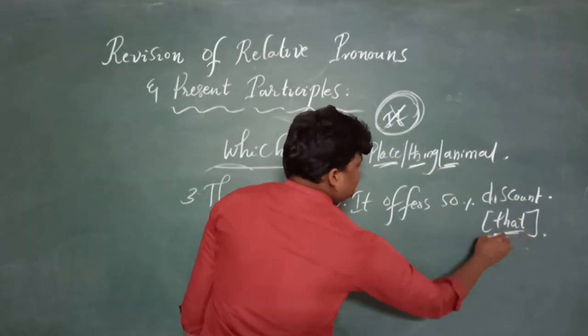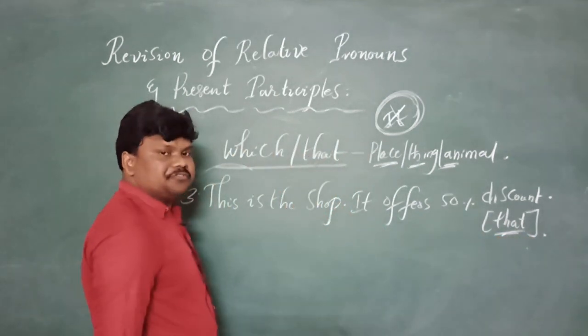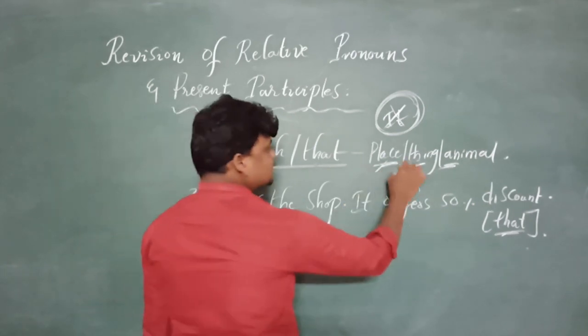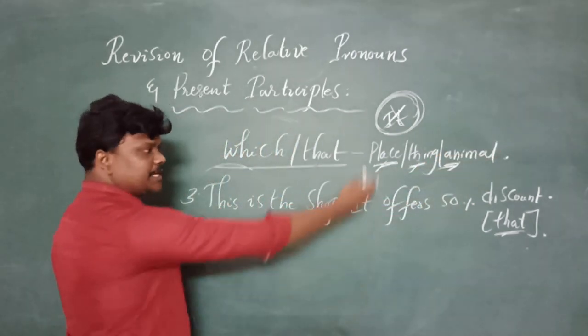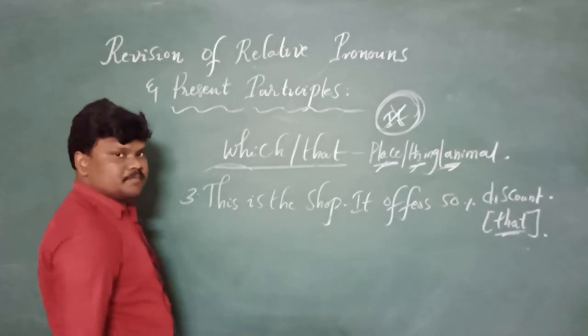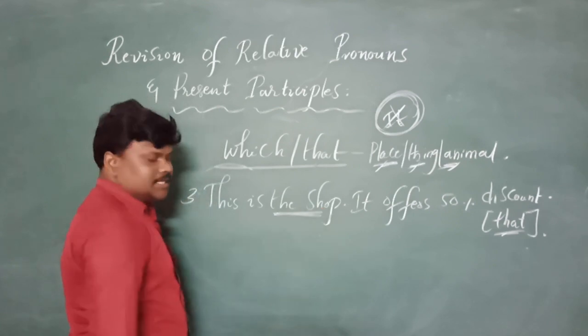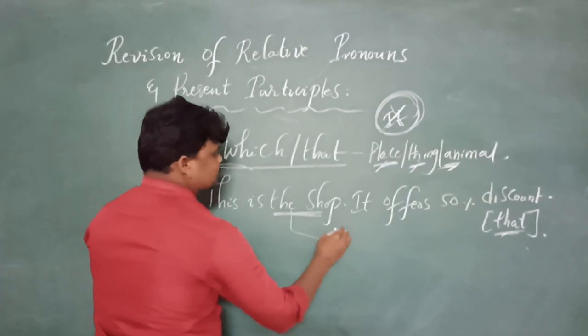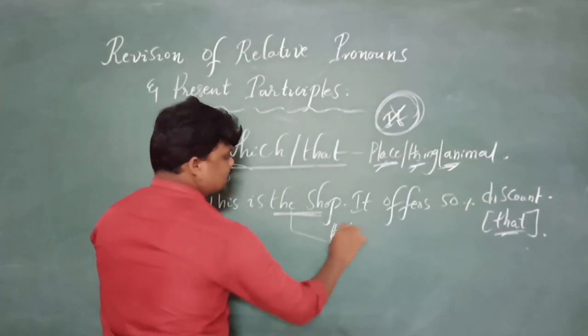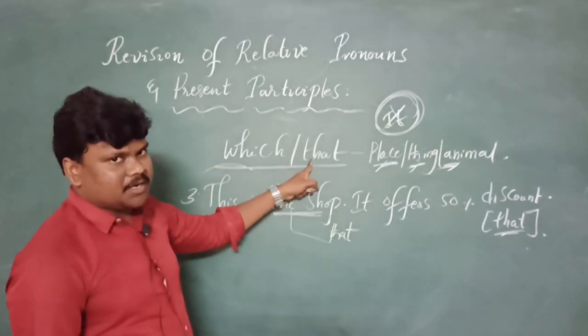When the instruction is given, either which or that, we should remember immediately place, thing, animal. We need to identify the place, thing, or animal in the first sentence. This is the shop. As the shop is a place or a thing, immediately we need to follow with that. See, which and that are both the same.